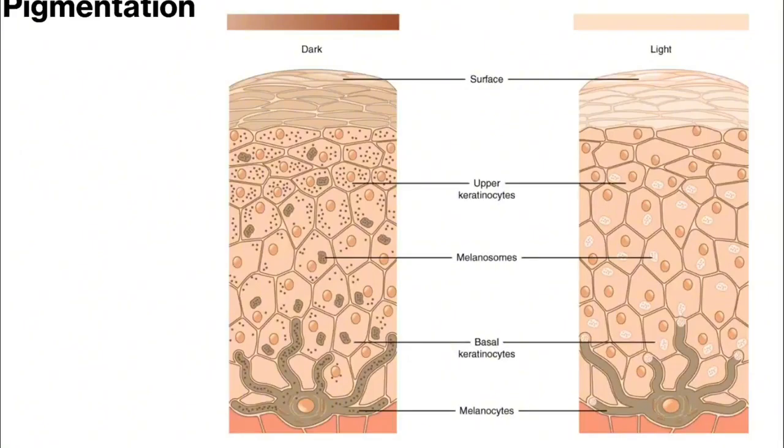What determines skin color, how light you are, how dark you are, what shade of colors you are, is determined by the type of melanin that is produced and the quantity of melanin that is produced, and that is determined genetically.